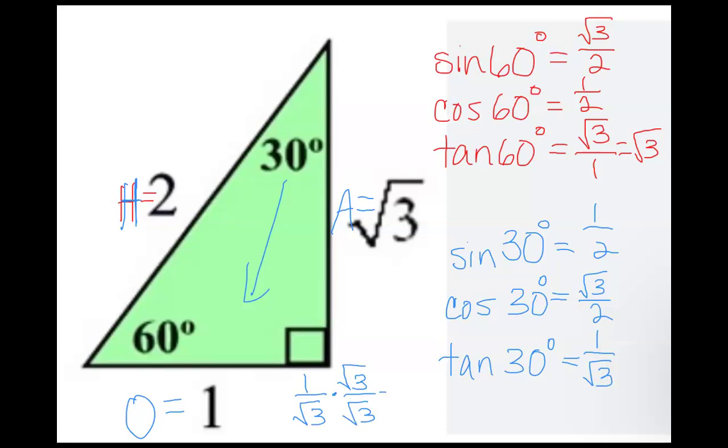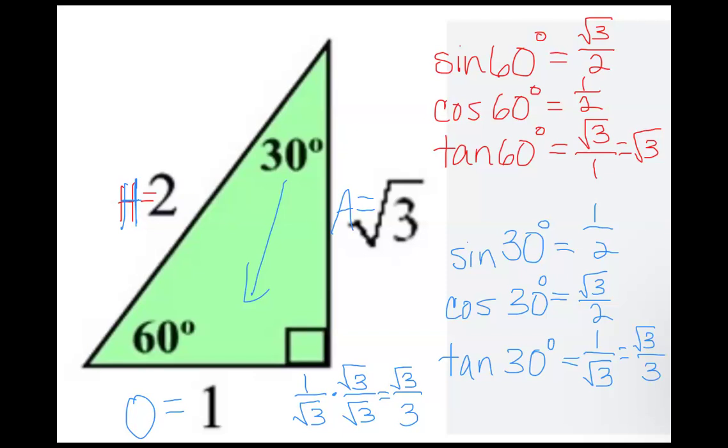So 1 times the square root of 3 on top. And then square root of 3 times the square root of 3 rationalizes that bottom number. So 1 over the square root of 3 is the same thing, rationalized to be square root of 3 over 3. That's the one that we're going to use when we're doing tangent.